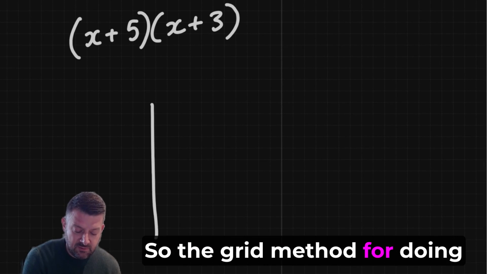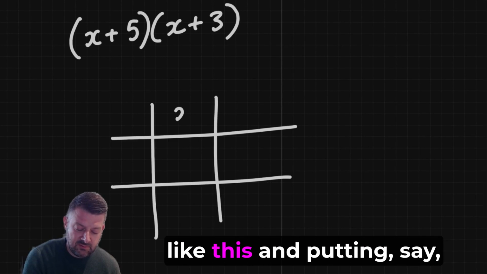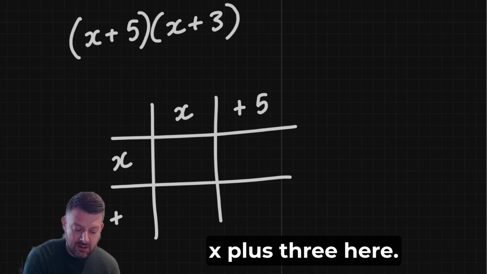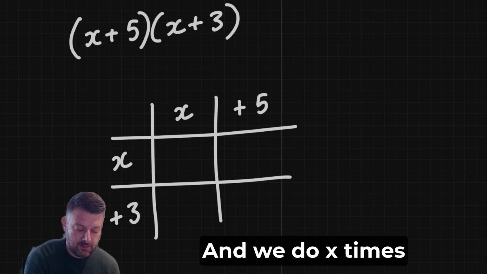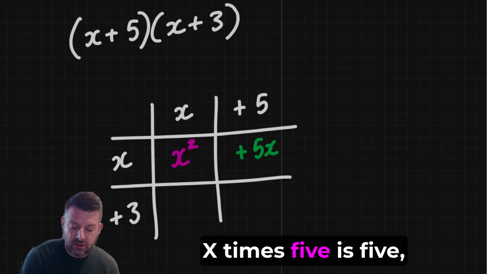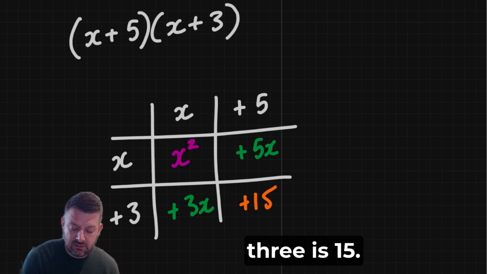So the grid method for doing this involves drawing a grid like this and putting, say, x plus 5 here and the x plus 3 here. And we do x times x is x squared, x times 5 is 5x, 3x, and 5 times 3 is 15.